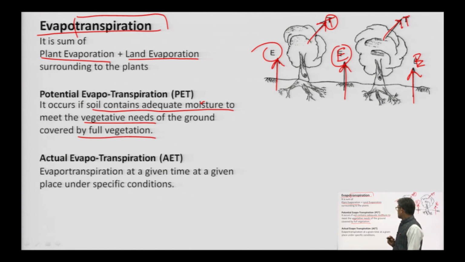If the soil has adequate moisture, then and only then is potential evapotranspiration taking place. Actual evapotranspiration is at a given time at a given place under specific conditions. So potential evapotranspiration depends upon soil moisture.